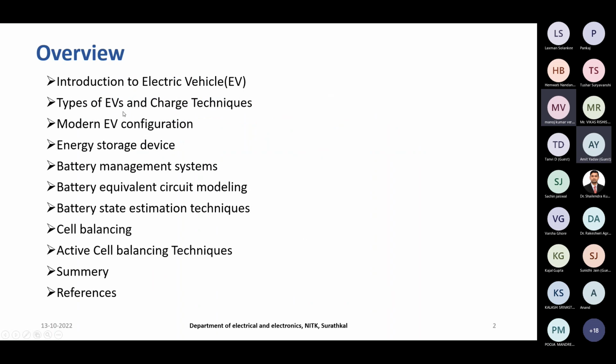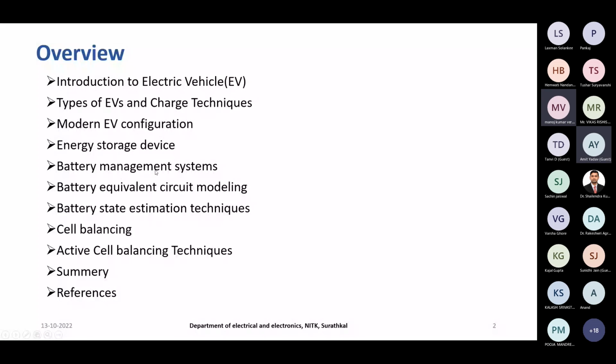And the overview of the presentation goes this way: introduction to electric vehicles, the types of EV and charging techniques. What is the modern configuration of EV? And what are the energy storage devices that are adopted?